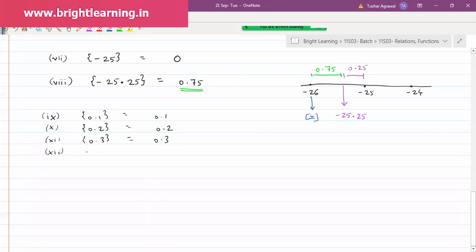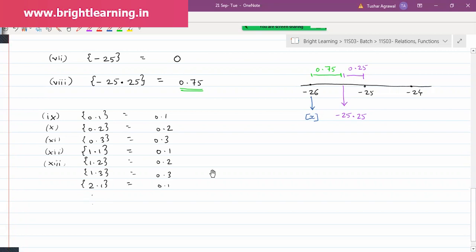Now if I tell you 1.1, its fractional part, is it again 0.1? Do everybody agree with me? 1.2, is it again 0.2? 1.3, again 0.3? Similarly 2.1, again 0.1? And the same story continues.